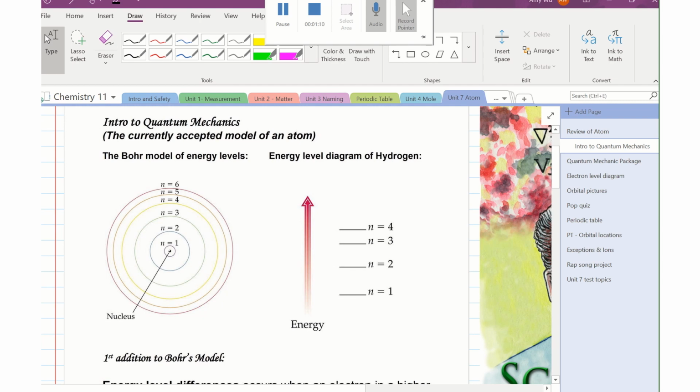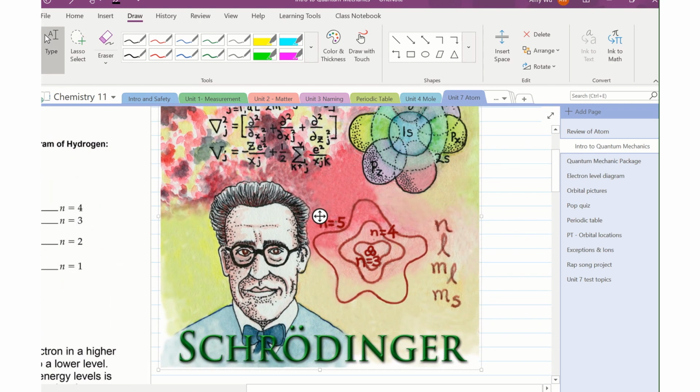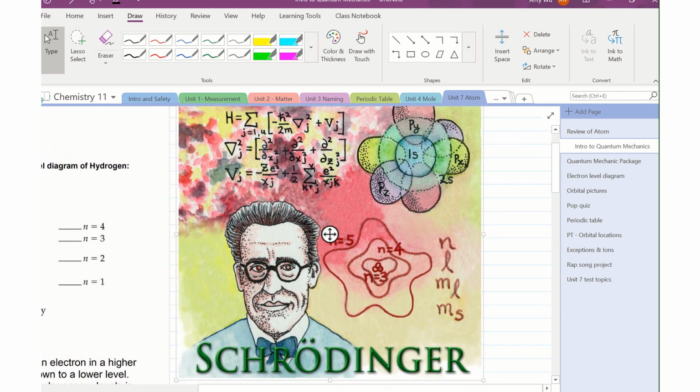And one of the key contributors, as you may remember, is Schrodinger. Today's model, the currently accepted model of the atom, mostly came from Schrodinger.